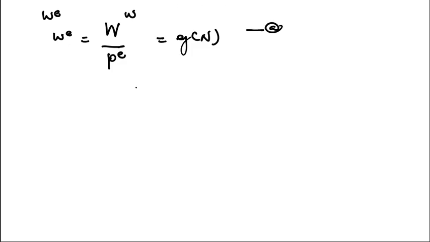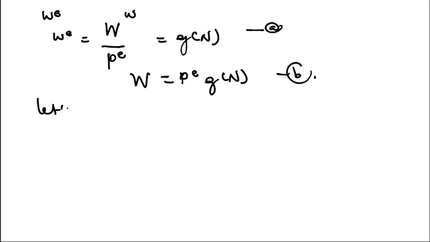So if I rearrange it, then I can have something like this. So I have nominal wage, cross multiply the expected price, I have PE GN. So I call this B. Okay, so let's write a ratio of something like this.